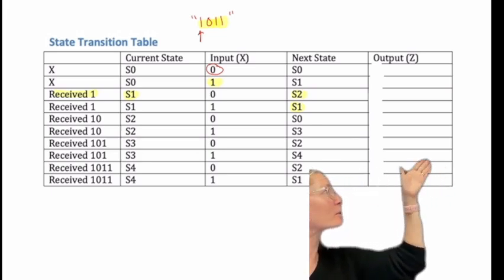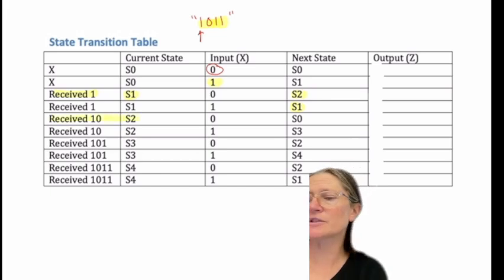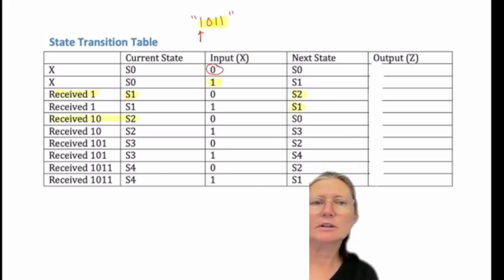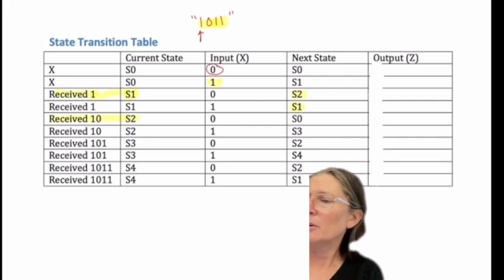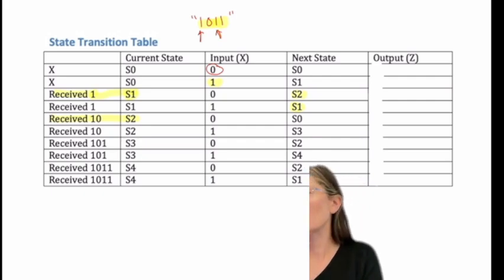So I get 1, 0, 1. I'm at state 2. That means I've received a 1, 0 now. So if I get a 1 here, then I move toward the end state.